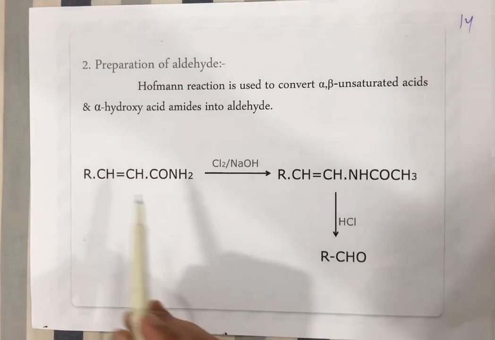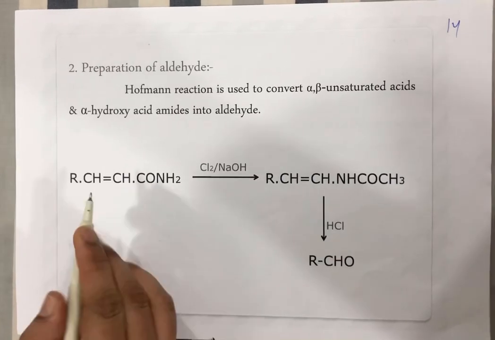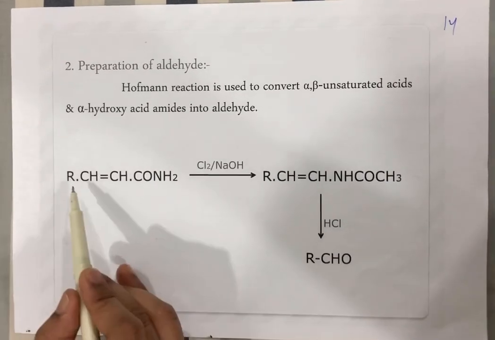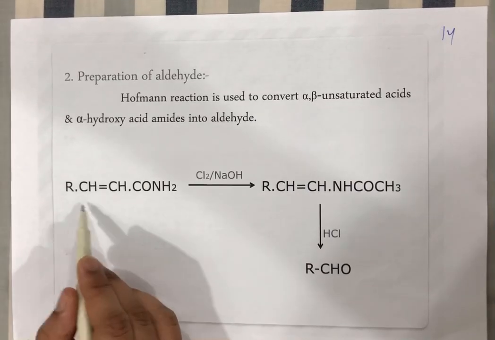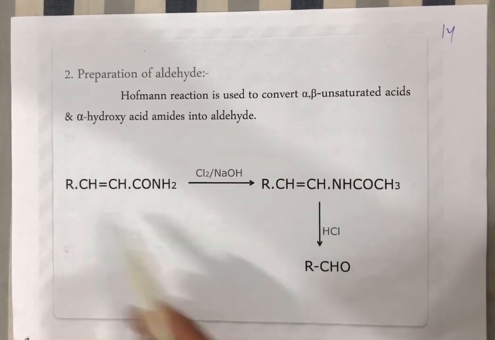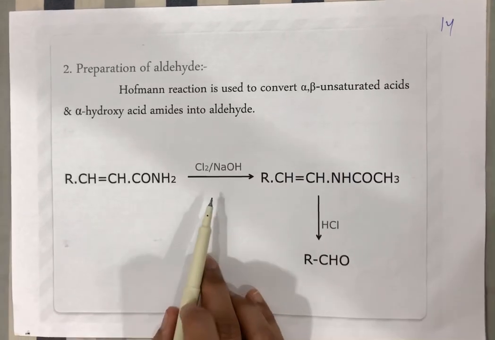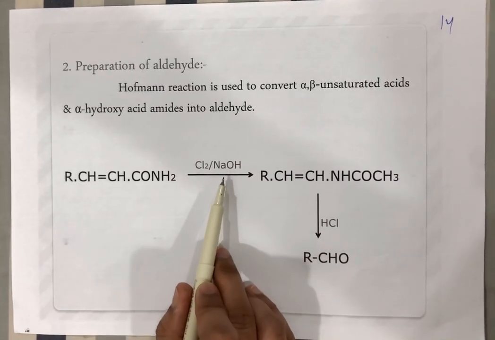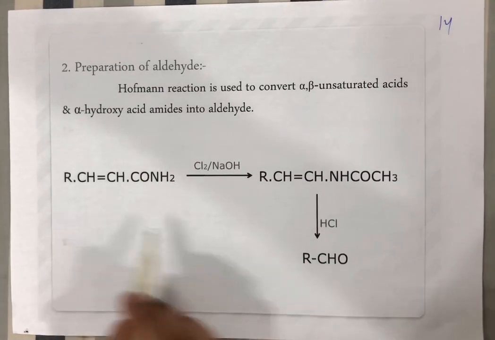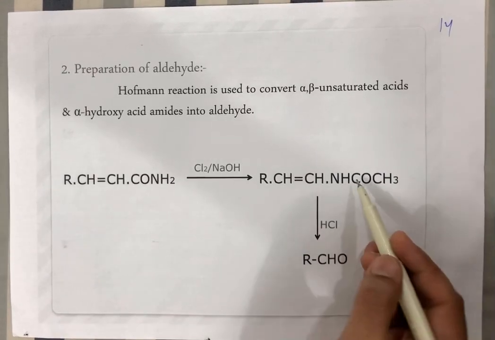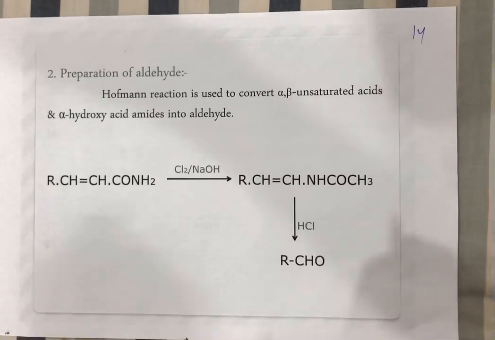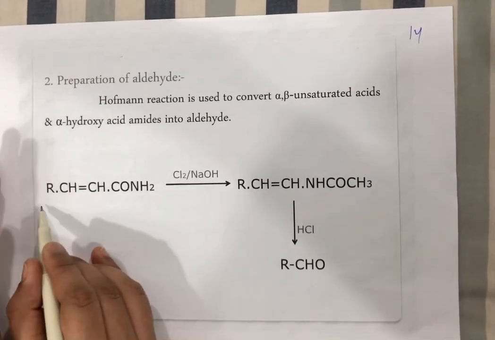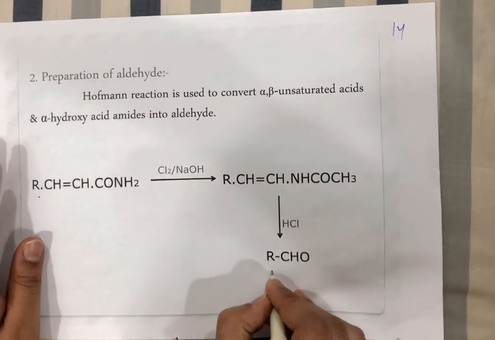A saturated acid has only single bonds in the structure, but here there is a double bond, so it is an unsaturated acid. When the unsaturated acid reacts with chlorine in the presence of sodium hydroxide, it converts into this intermediate, and in the presence of acid it converts into aldehyde. So this unsaturated acid converts into aldehyde.